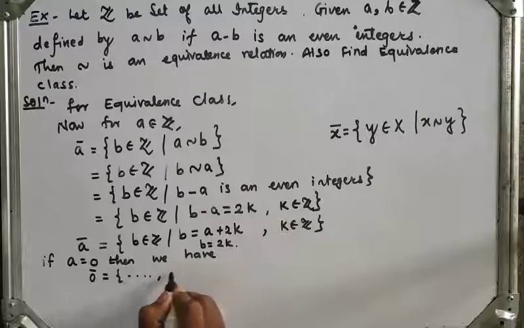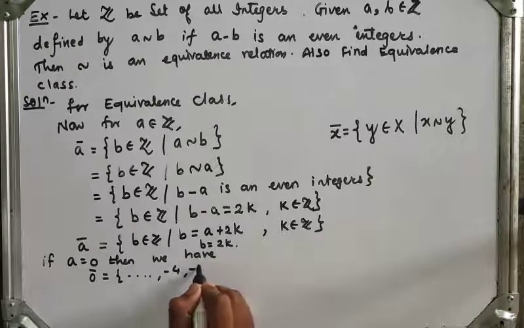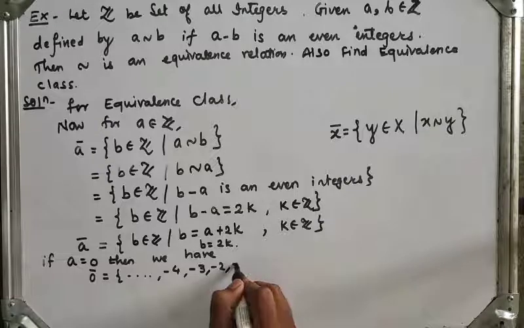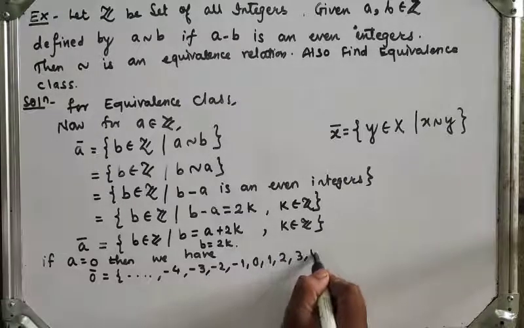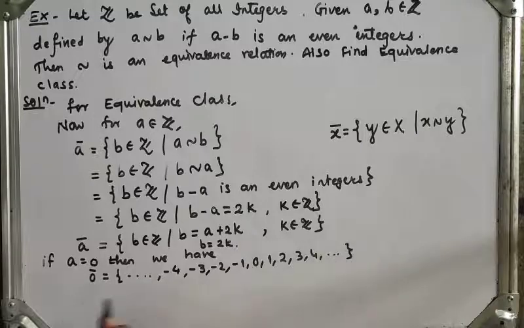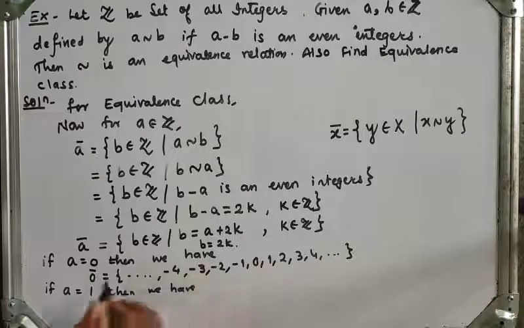So the even integers are minus 4, minus 3, minus 2, minus 1, 0, 1, 2, 3, 4, and so on. Now if I put a is equal to 1, then what do we have?